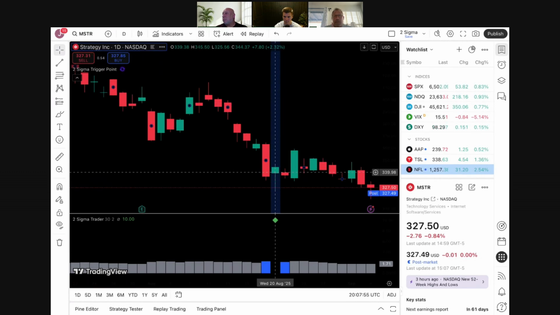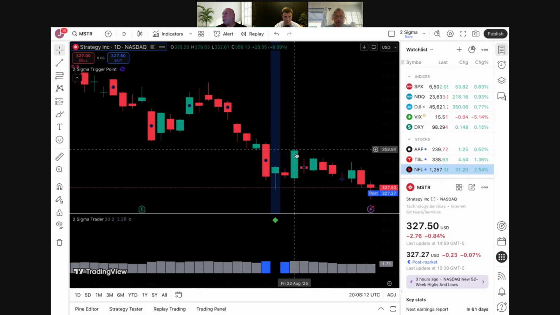I'm sorry, I am misspeaking here. We actually did enter a trade on Strategy on August 20th. So never mind. What I didn't do is wait for the red bar exit. You see this little pop here 2 days later. So, a bird in the hand is better than two in the bush, in my opinion.